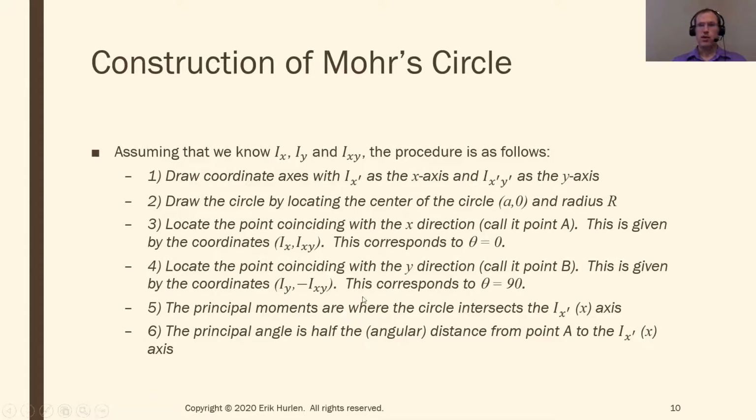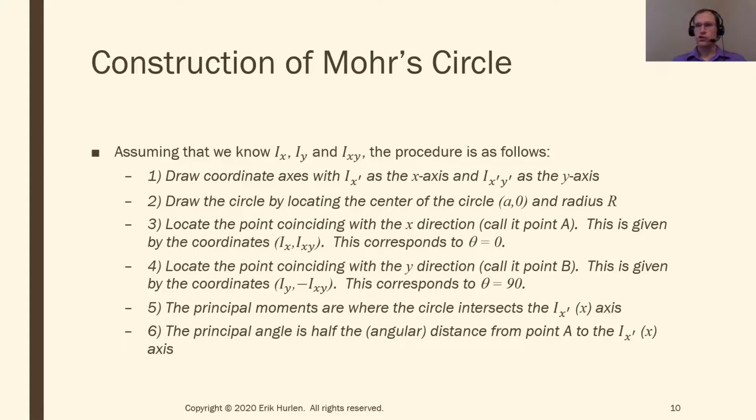Once you have that all drawn, finding the principal moments of inertia is fairly easy. That's just where the circle intersects the Ix prime axis, or the x-axis. To find the principal angle, it's half the angle from point A to the x-axis. Wherever point A is, it makes an angle with the x-axis, and that's twice the actual principal angle.